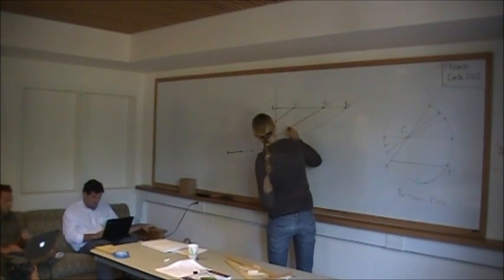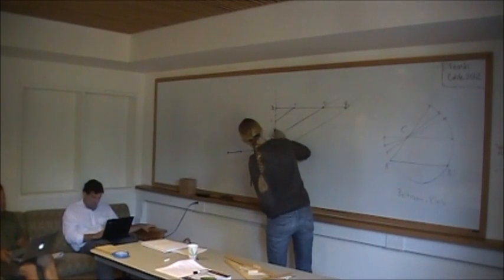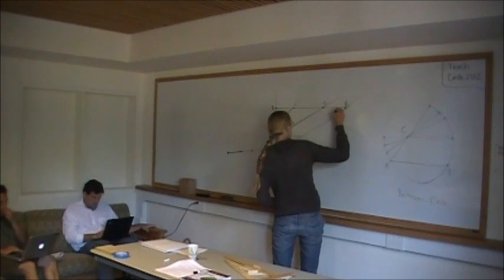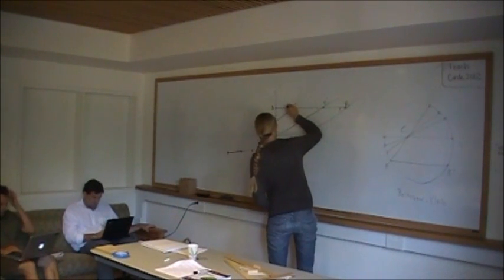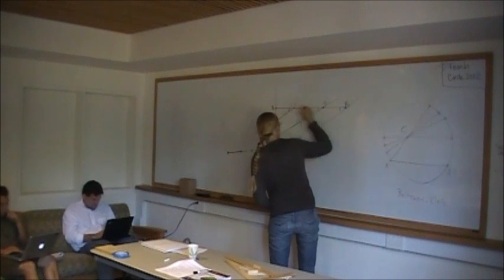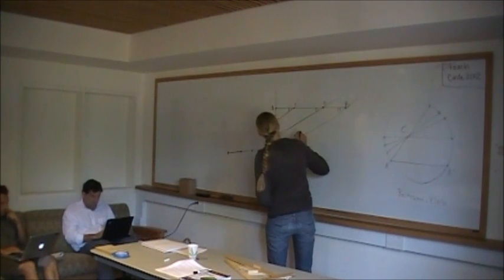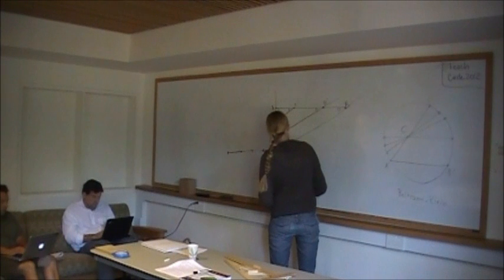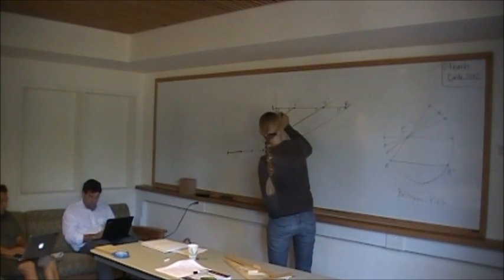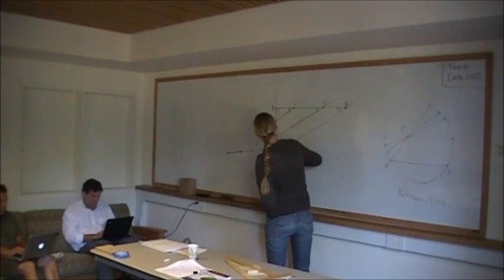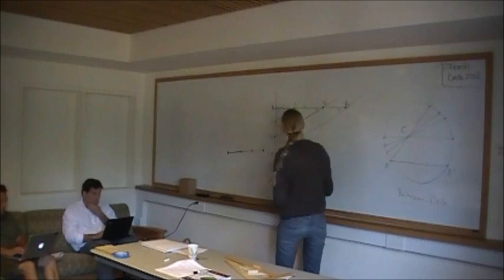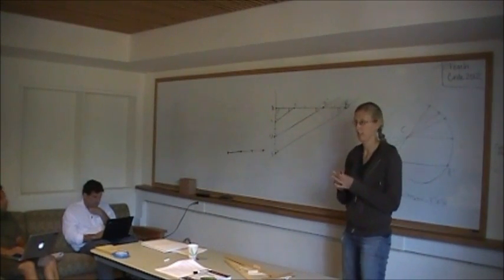Now, because these are all parallel lines, and this is one line, this and this are congruent angles, this and this are congruent angles, and this angle is the same at the top. So these guys are similar triangles, and since these are all congruent segments, these are all congruent. All right, excellent. Woohoo! Thank you.